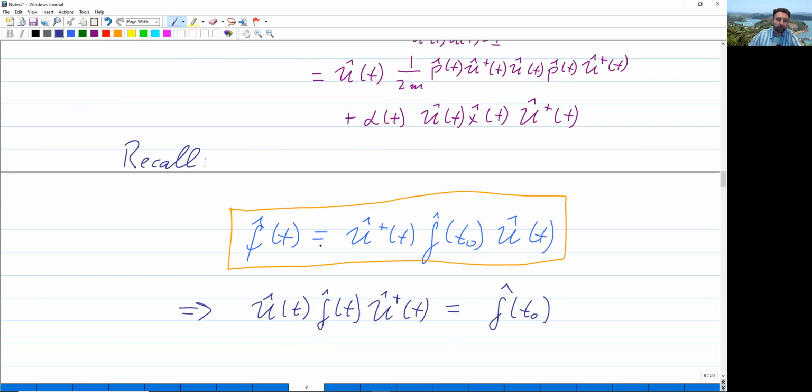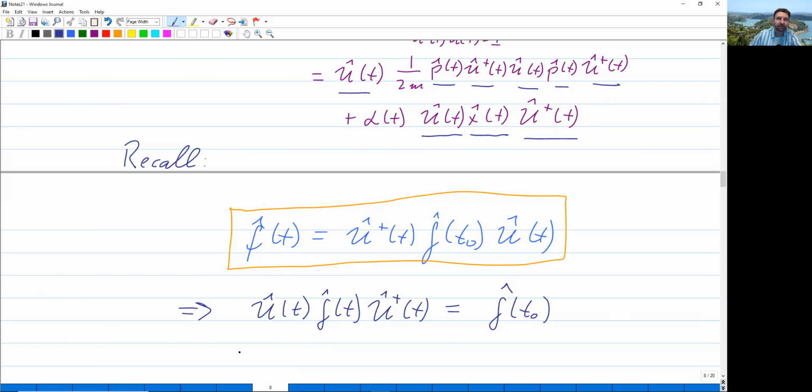So we obtained this equation, but you see this is now of that sandwich form that we are encountering up here. This is a u hat observable u hat dagger. That's what we have here, u hat observable u hat dagger. And what is it? It's the observable at the initial time. And the same appears up here, u hat observable u hat dagger, u hat observable u hat dagger.